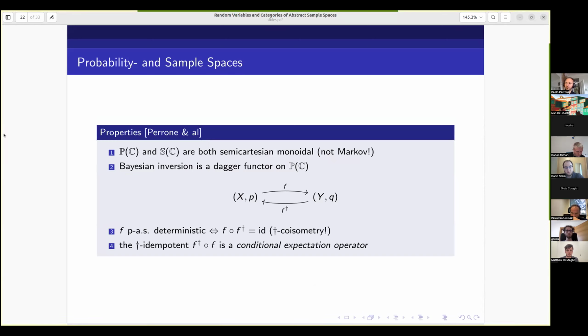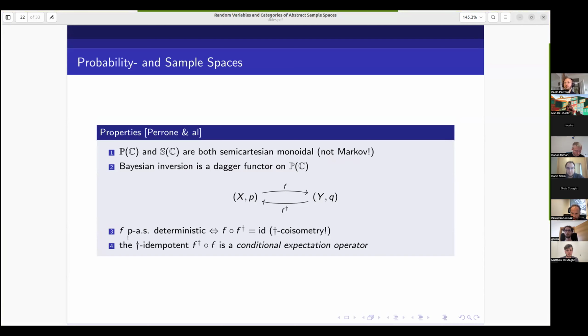Both P of C and S of C are semi-Cartesian monoidal. They are not Markov. Probability spaces P of C have a dagger functor on them, which is given by Bayesian inversion. So this F dagger really becomes a functor, which we can use to not invert, but retrodict morphisms.